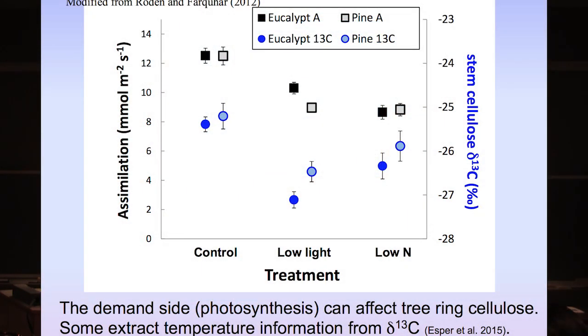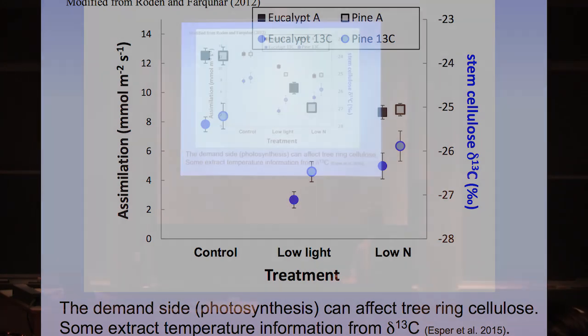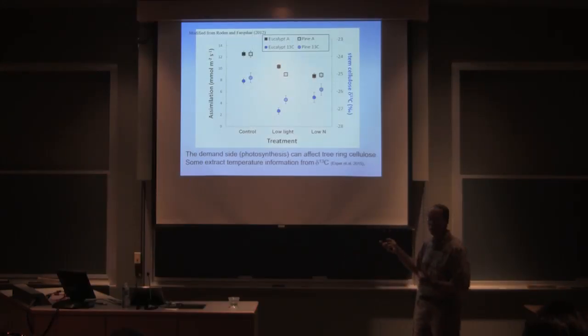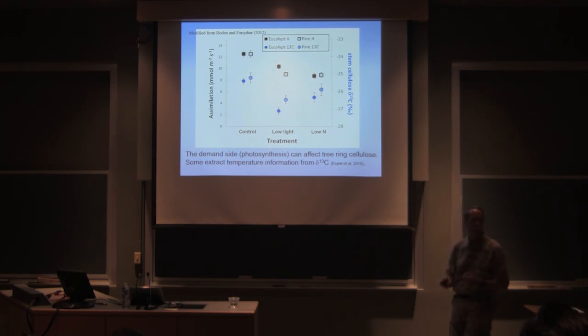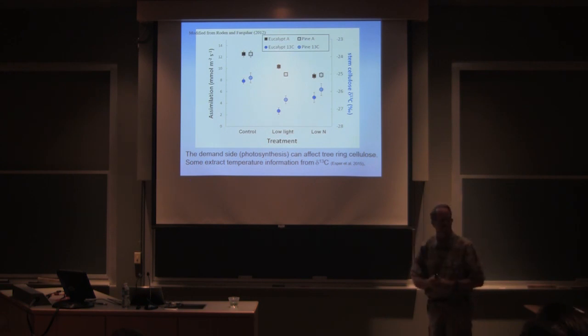Now, all 3 of these had no change in stomatal conductance. Stomatal conductance was the same across them. So there's no change in supply, but there is a change in demand. What happens to the carbon isotope ratios? They become depleted, right? Because if there's less demand, the CICA ratio will be closer to 1, and you'll get more discrimination. Yes? Give me some nods.